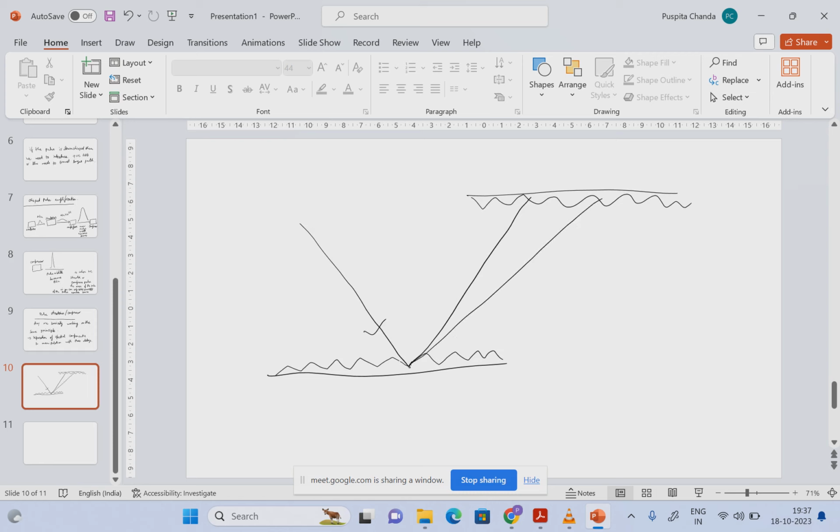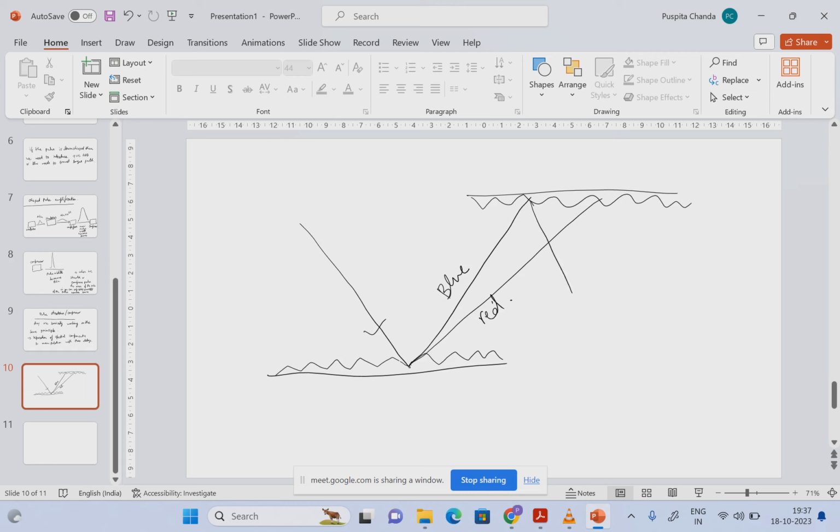Last day I discussed that for a grating, theta b is less than theta r. So blue has theta b less, so it diverges less, and red diverges more.